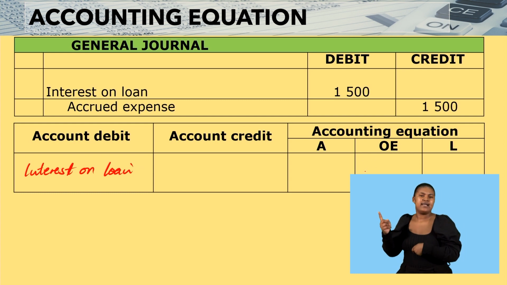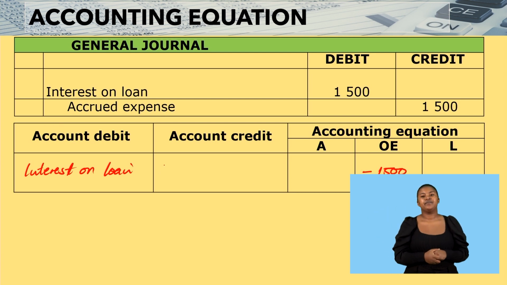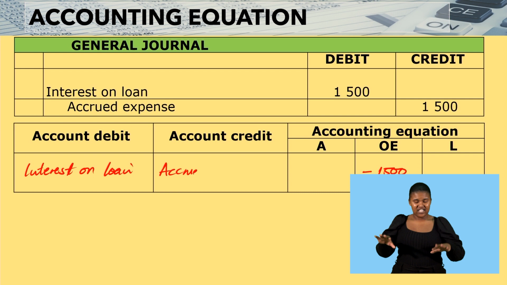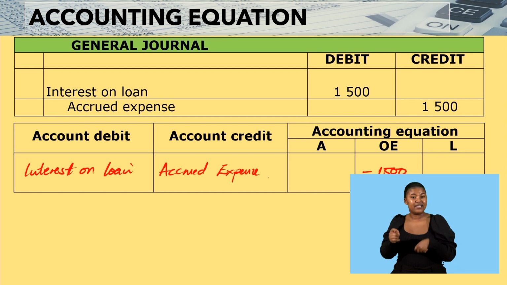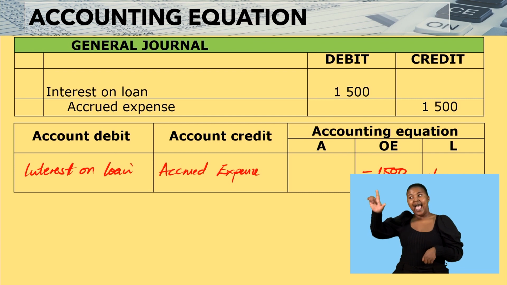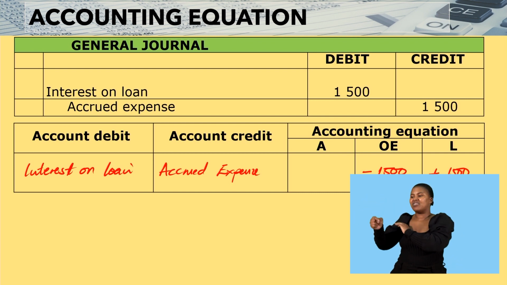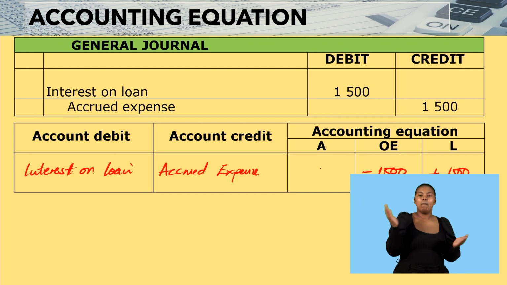That means my owner's equity is decreasing, say minus 1.5. And then we credit accrued expense, and accrued expense is a liability. That means my liabilities are increasing, plus 1.5. Therefore, the accounting equation will balance. On our assets, however, there is no effect, so we will have 0.